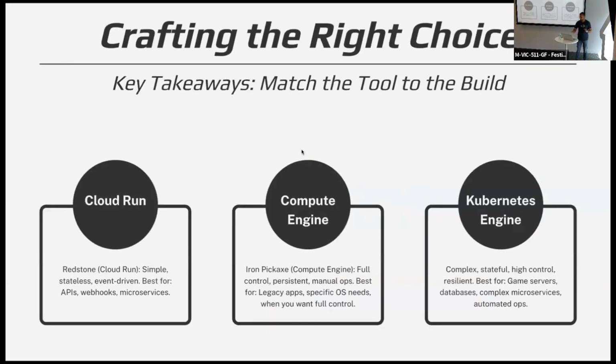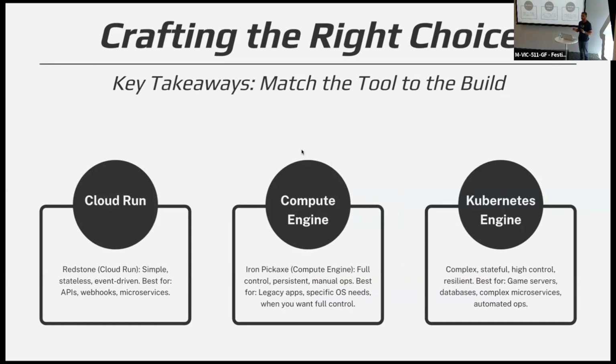I know we are almost at time, so just to quickly run through, crafting the right choice for your particular solution. Cloud Run, which is the Redstone in our case, is simple, stateless, event-driven, but it is best for APIs and microservices or webhooks or your websites. Compute Engine, which is the Iron Pickaxe in this case, gives you full control, persistence, but it is mostly suited for legacy applications when you have specific OS needs.